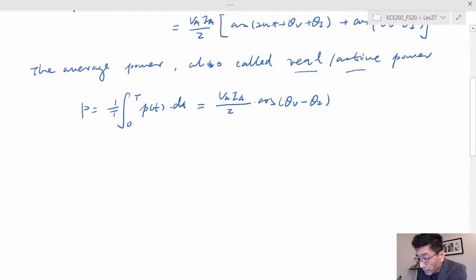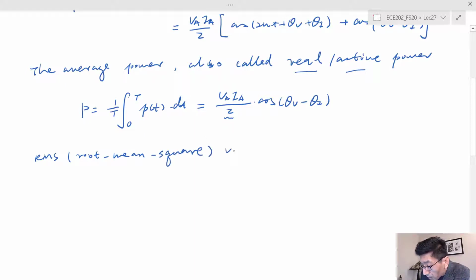Now we want to introduce the concept of the RMS value, rather than carry this one half all the time. RMS means root mean square.